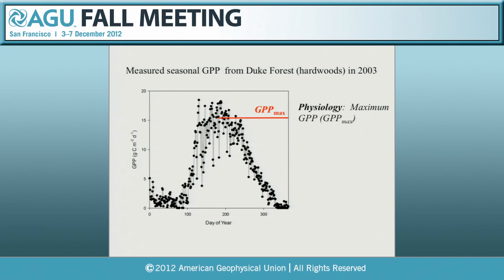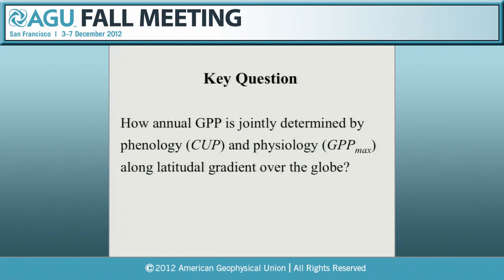If we say the seasonal maximum GPP represents the physiological processes, like Vcmax or leaf area index, then this carbon uptake period represents the phenology. It's basically determined by climatic change. And so our question is how annual GPP is jointly determined by phenology and physiology along latitudinal gradients of the globe.